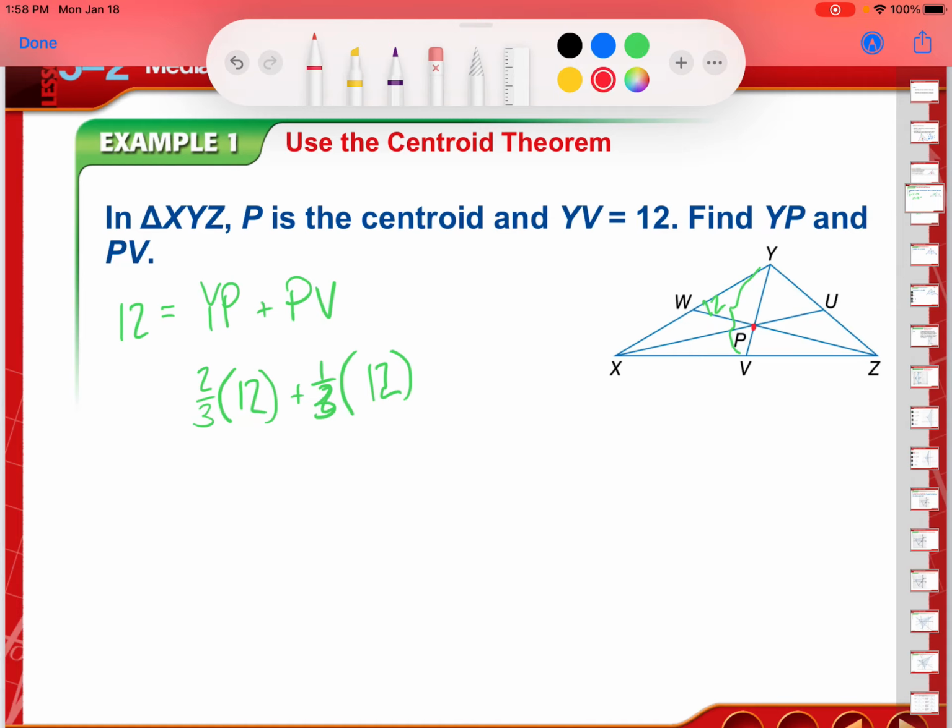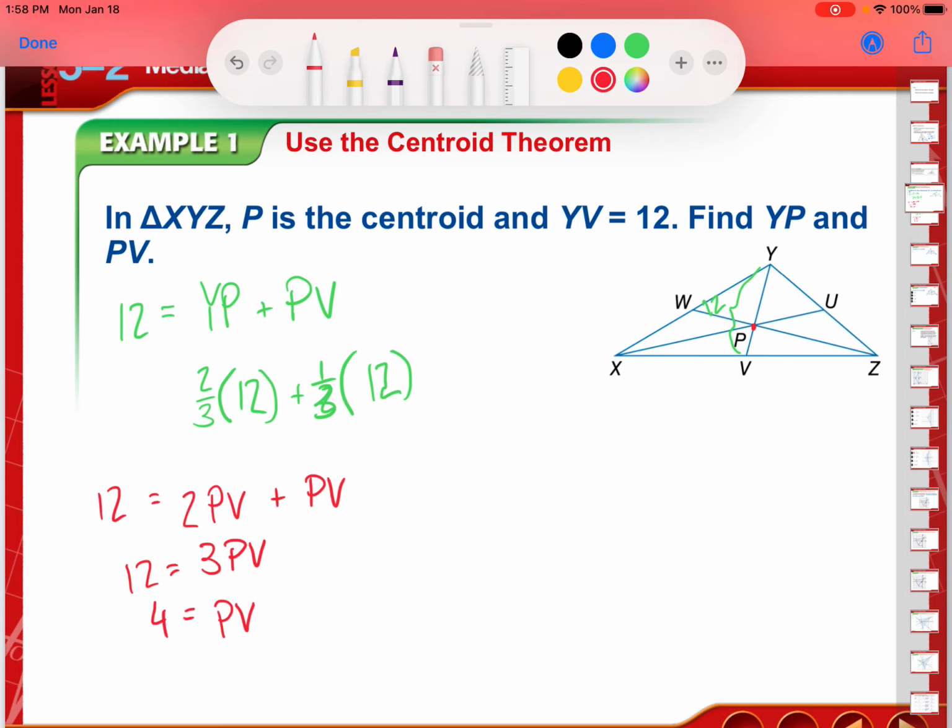So that's one way I could do it. The second way I could do this is to say YP is twice PV. So I could say YP is 2 times PV, plus PV, which would mean that 12 equals 3 PV, or PV equals 4.